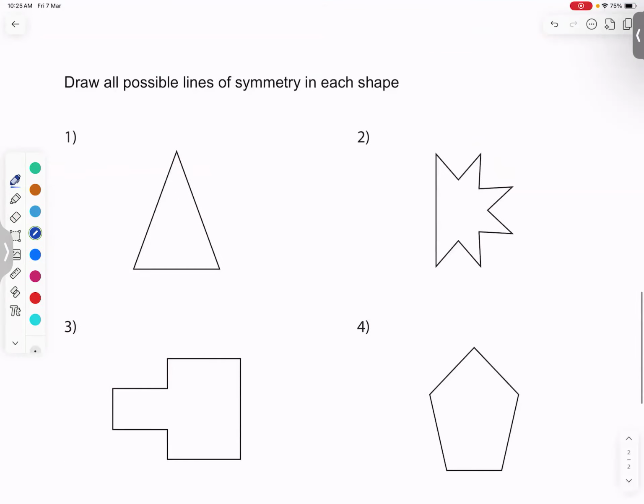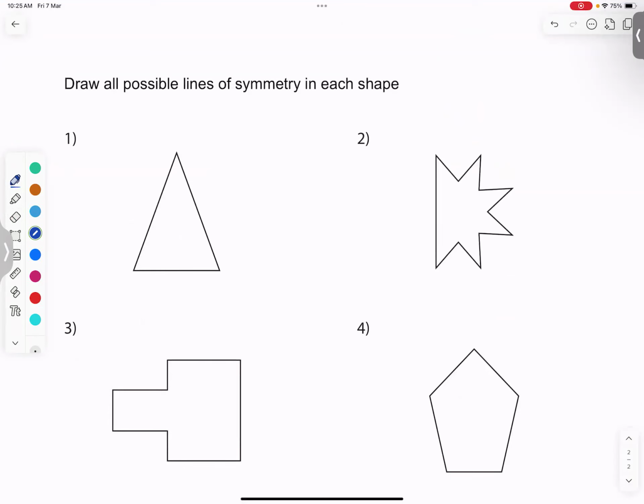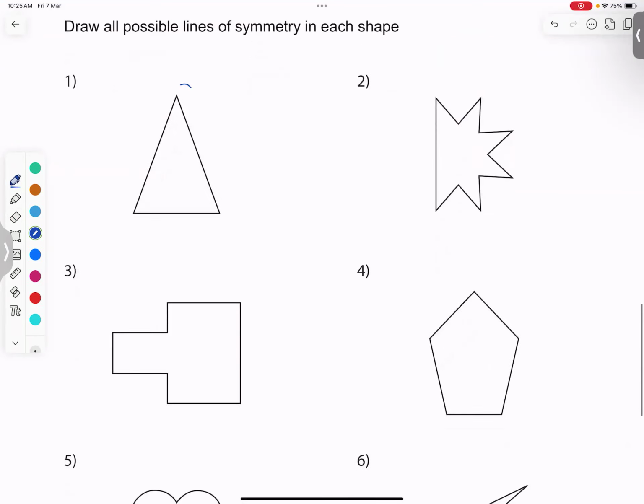Similarly, for the other shapes, we can find the lines of symmetry. This shape looks like an isosceles triangle, I mean two sides are equal. So that's the reason it has only one line of symmetry, and the line of symmetry will be like this.